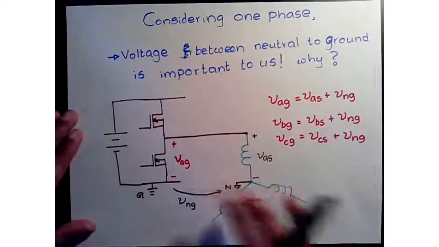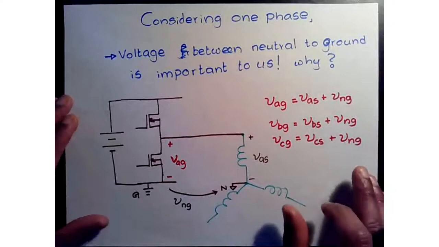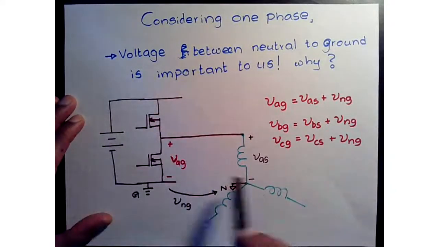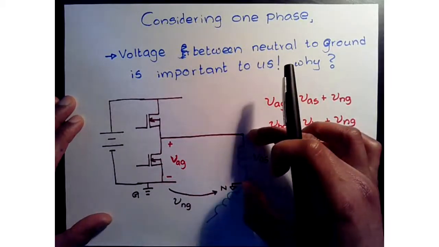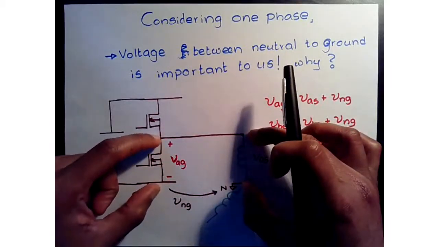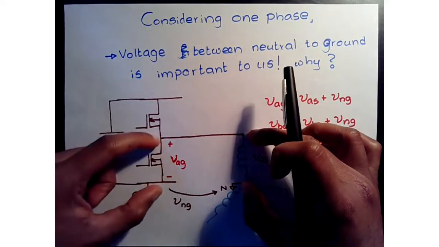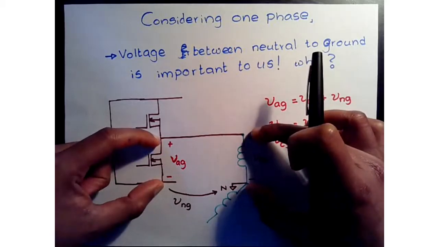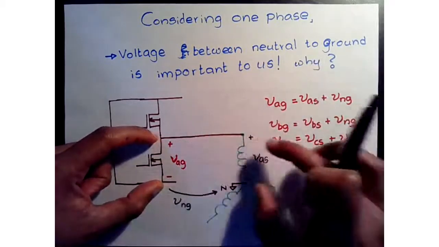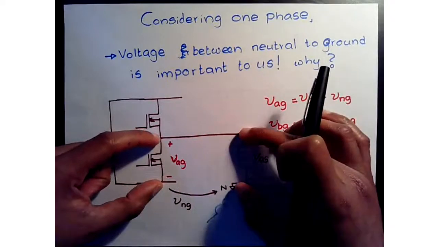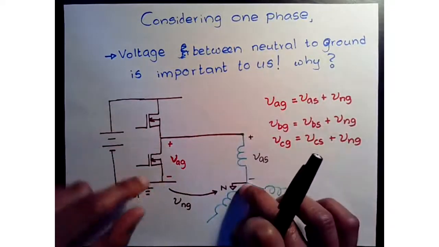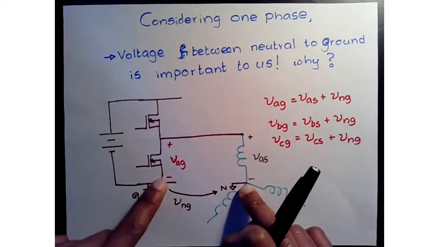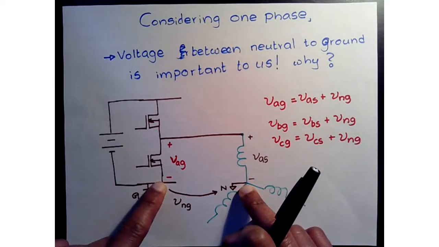Now, if we just consider one phase, I want to highlight a very important point here. If you look at the phase voltage, and the phase-to-ground voltage from the power supply end, so this is the phase to neutral, this is phase to ground. Okay, so this is a conductor. Sometimes there is a current measurement resistor or current sensor there. However, see that these two, the neutral and the ground, are different in this case, right?